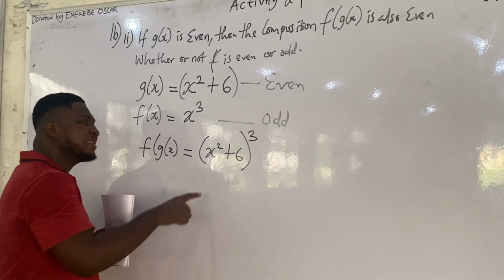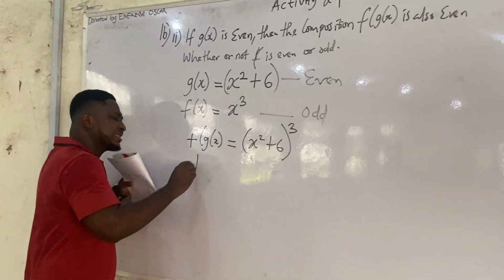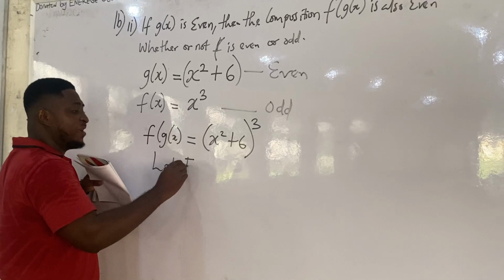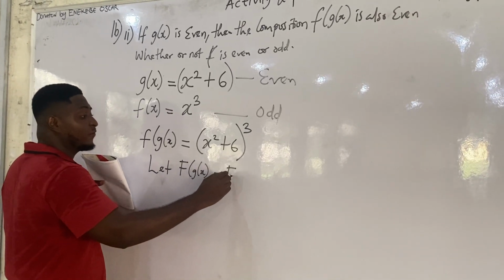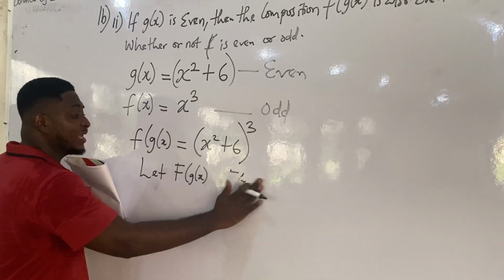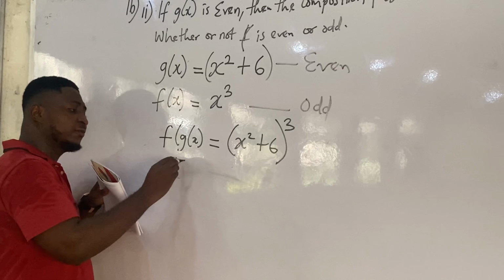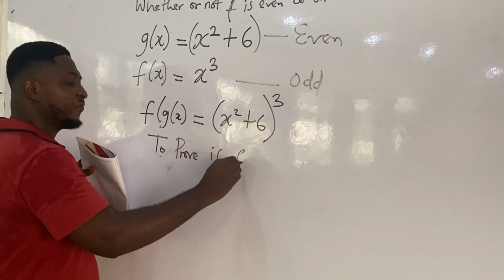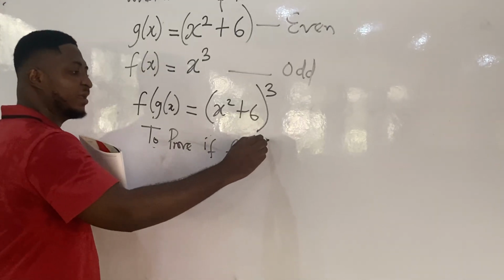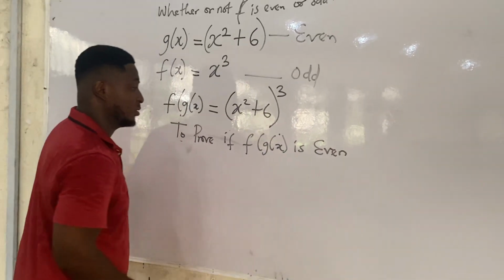What we need to find out is, is this our final answer even or odd? We'll now say, to prove if f of g of x is even, that is the idea.